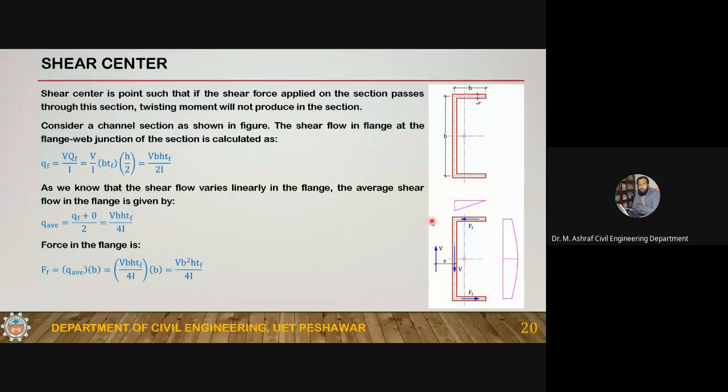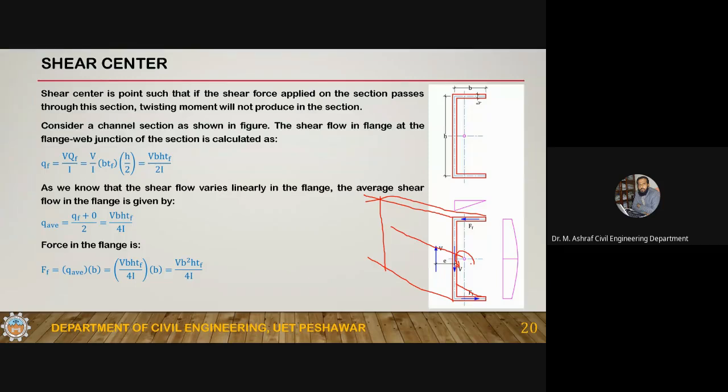This is the member, so the torque is applied in this direction, and this couple is trying to twist the member.